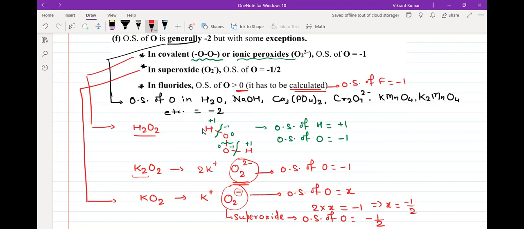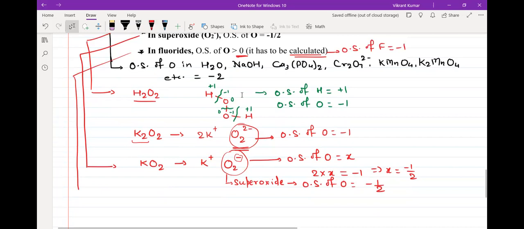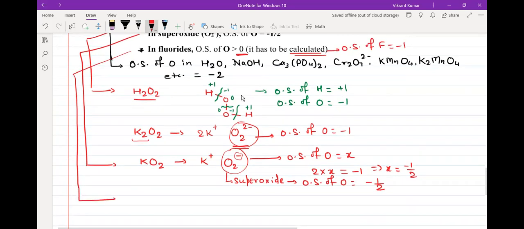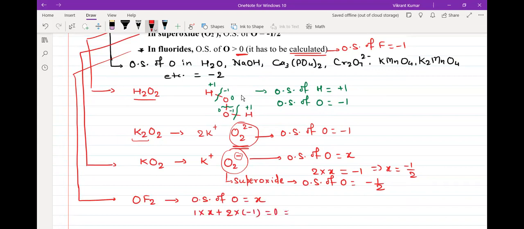So if I'm talking about this fluorides wala case, as an example, if I take OF2, can you tell me oxidation state of oxygen here? +2. तो मान लो ये X था, we'll write 1 into X plus 2 into -1 for fluorine, and that will be 0, and that's why we are saying X is +2.